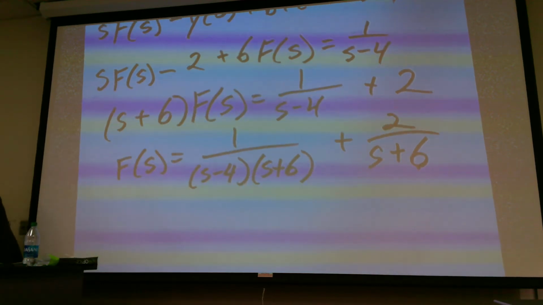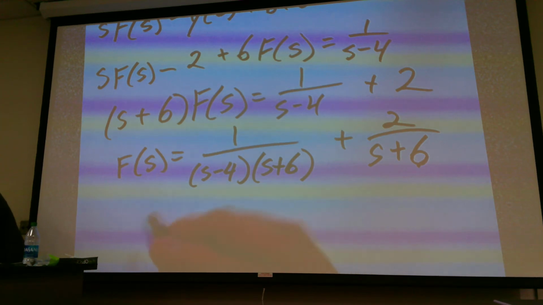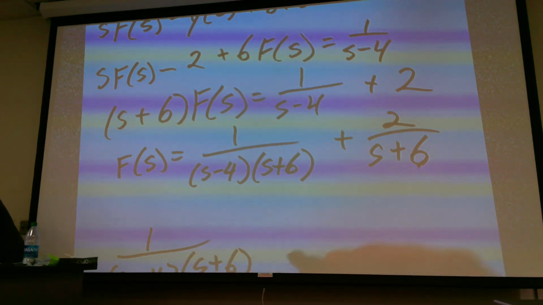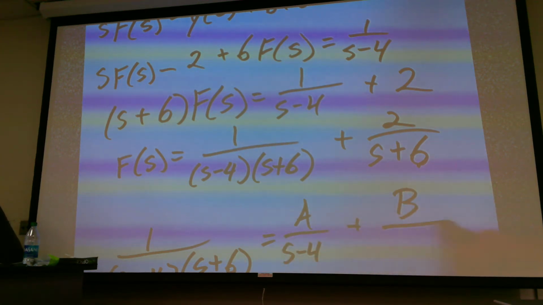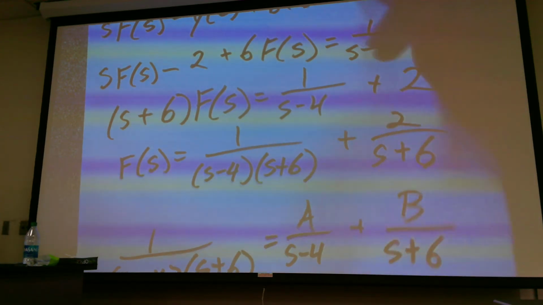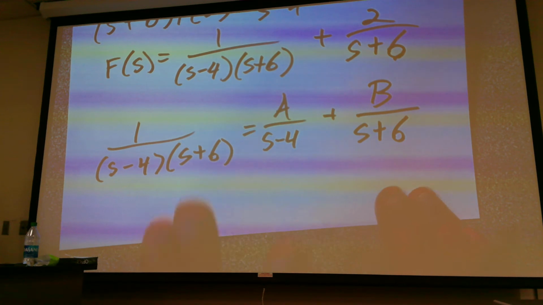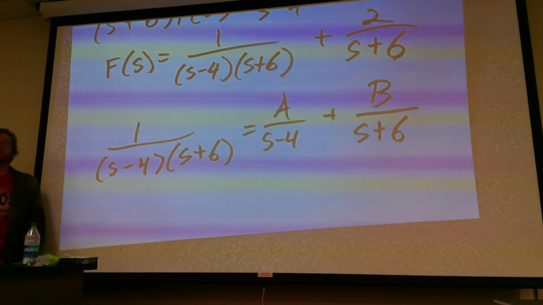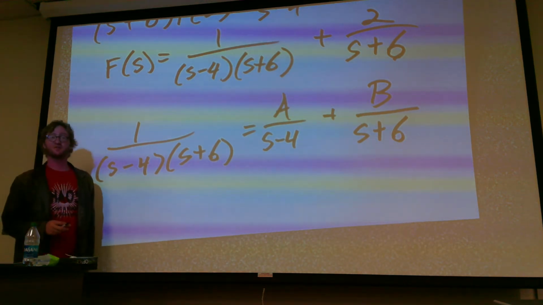So what are we going to get? 1 divided by s minus 4 times s plus 6 is going to equal A divided by s minus 4 plus B divided by s plus 6. Okay, so that's going to be our partial fraction decomposition of this problem.